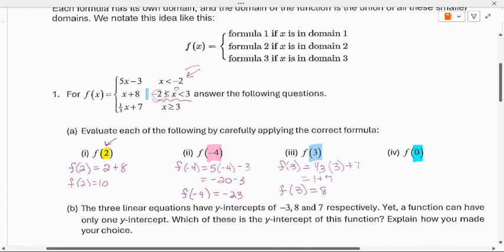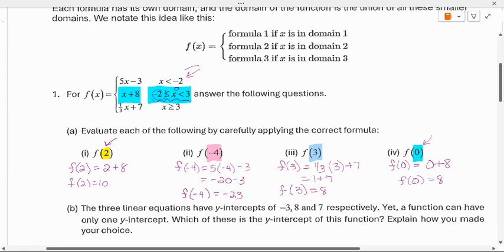So we're evaluating this function for f of 0. So f of 0 equals 0 plus 8. Remember, we're just replacing the x value with the number we're evaluating. Well, 0 plus 8 is 8, so f of 0 equals 8.